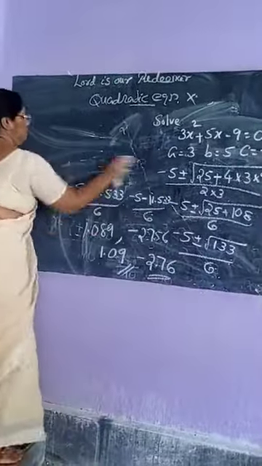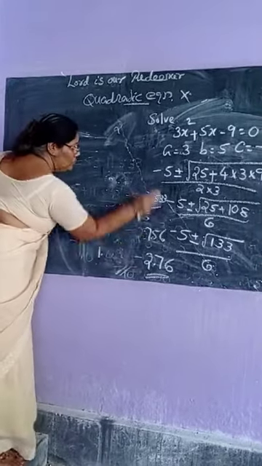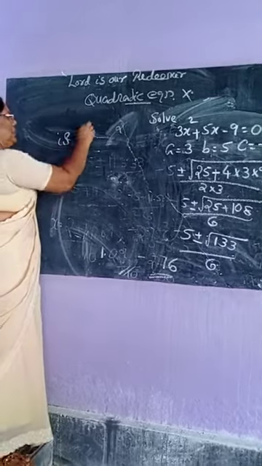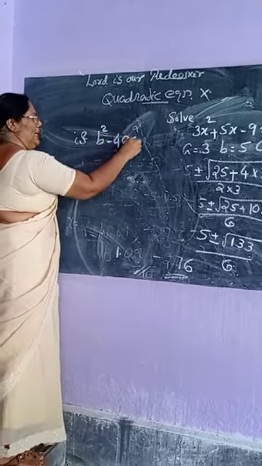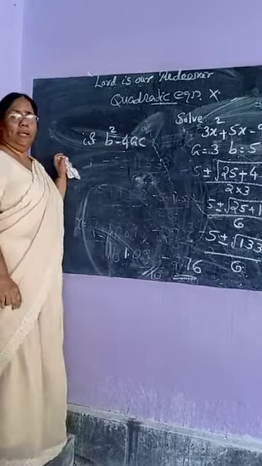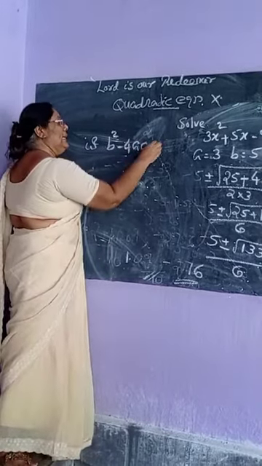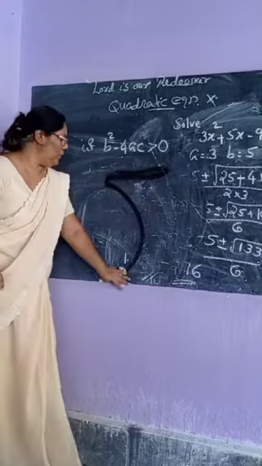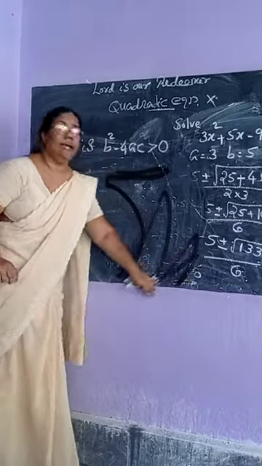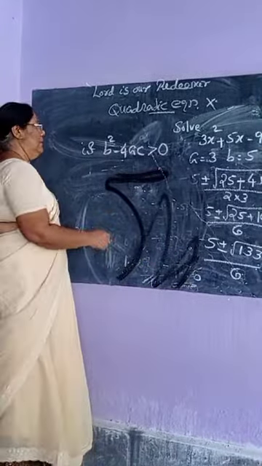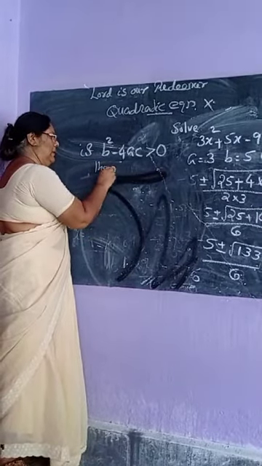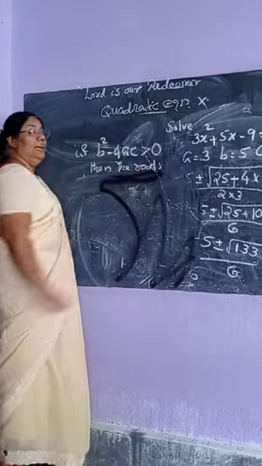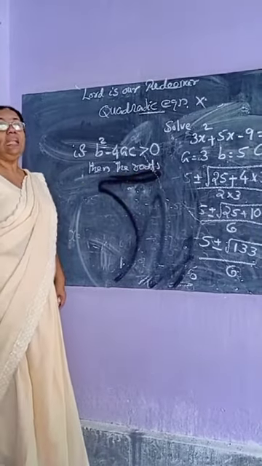Now, nature of roots, the first one: if b square minus 4ac is greater than 0, then the roots are real and unequal.